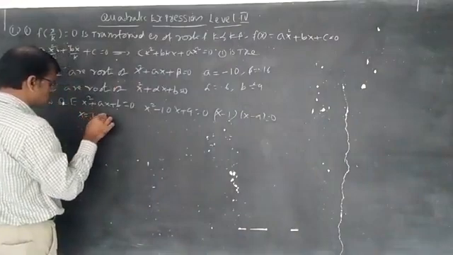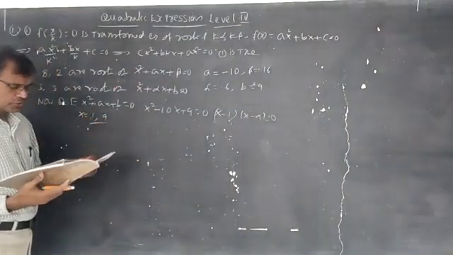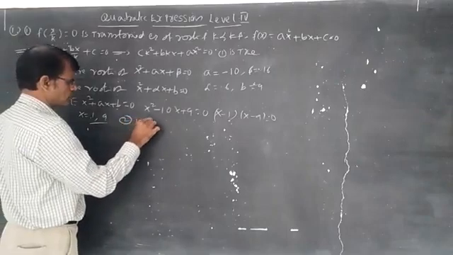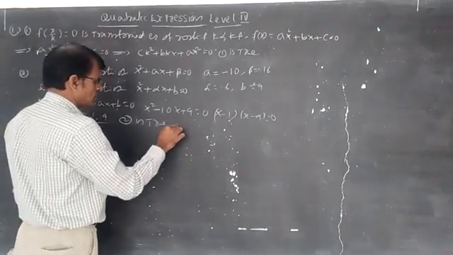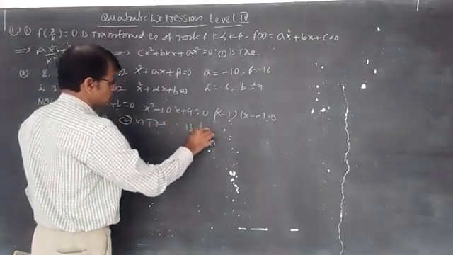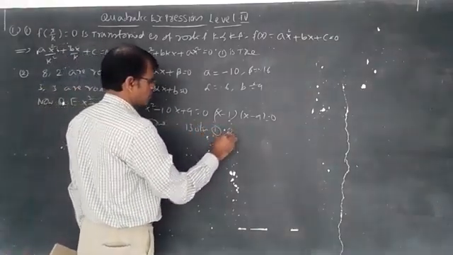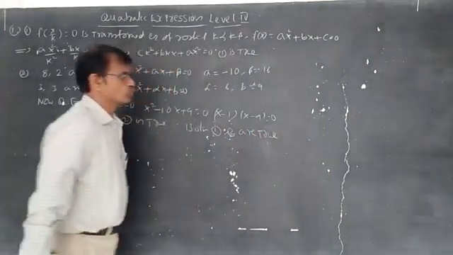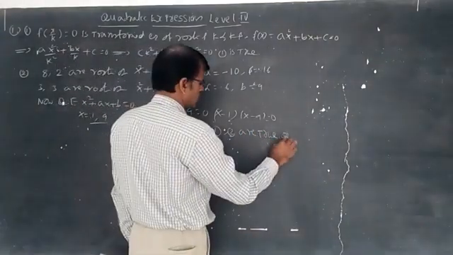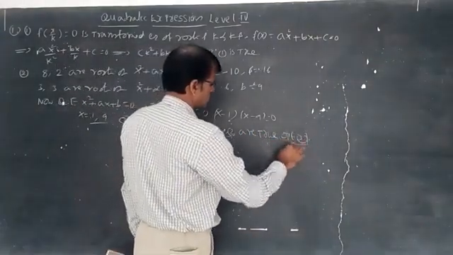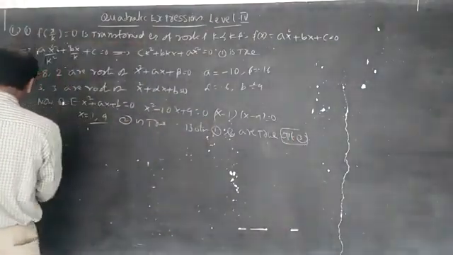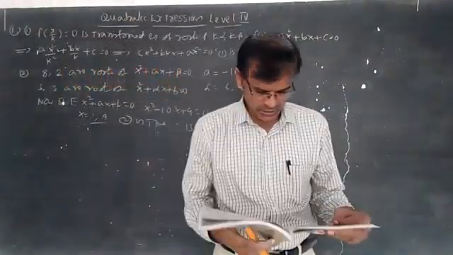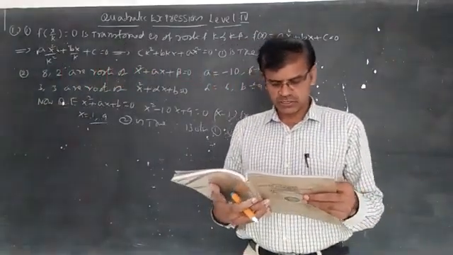Roots of this equation are 9, 1. So statement 2 is also true. Therefore both 1, 2 are true. Here option 3. That is the first question.